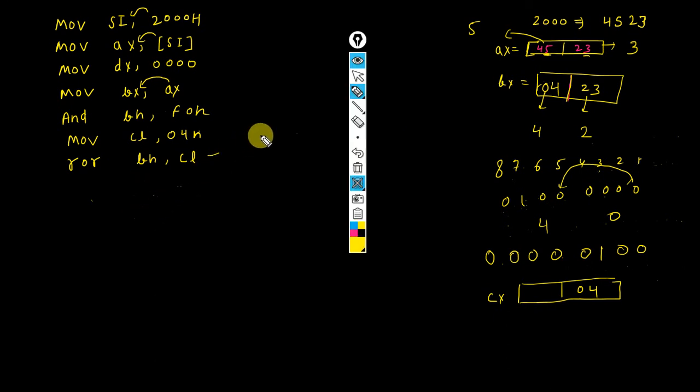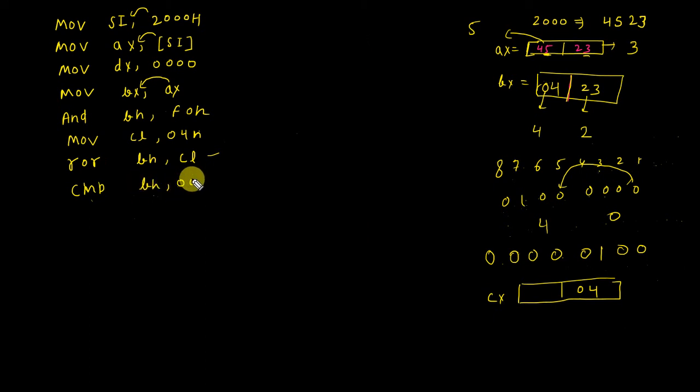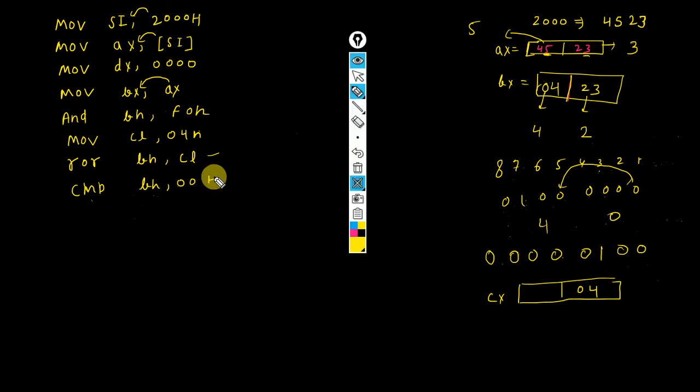So move to the next step. The next instruction is CMP BH comma 00H.